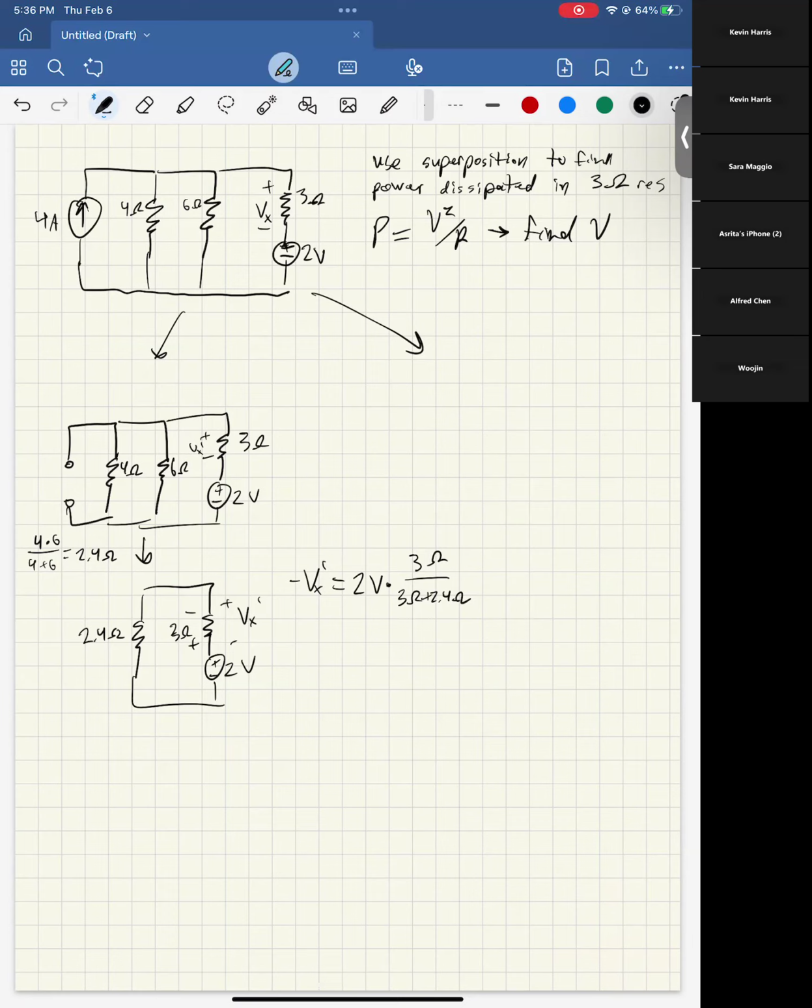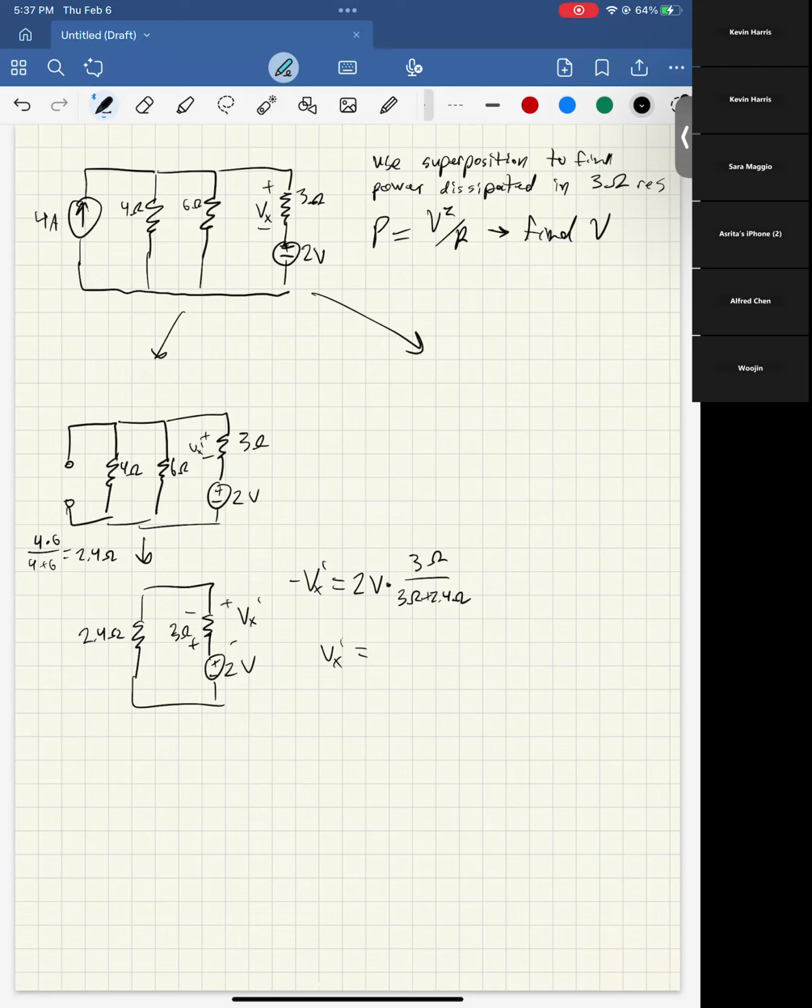It would end up getting you Vx prime equals... I'll just pull out my calculator. Why don't I have my calculator out yet? Is my sign flipped?